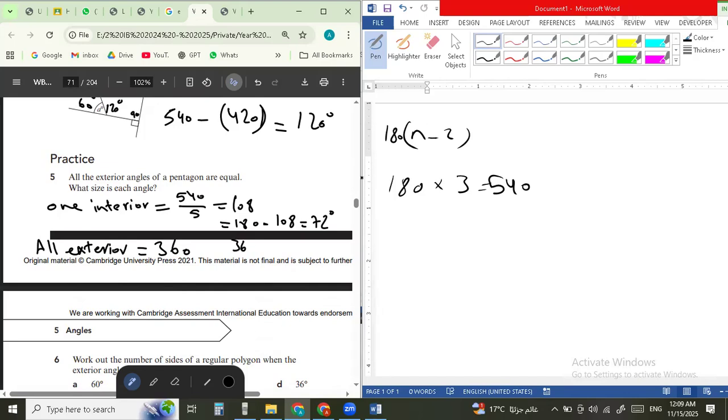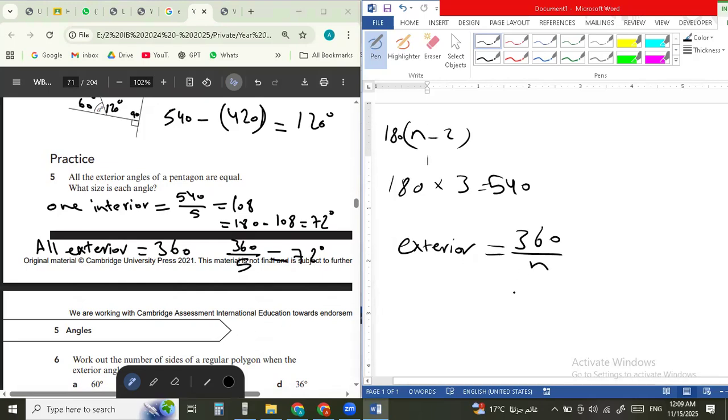So 360 over 5 will give me the exterior. 360 divided by n will give you the exterior. So 360 divided by 5 is going to give you 72 degrees as well. We learned this rule, knowing that the exterior of a regular polygon equals 360 over n. They told you it's a pentagon, so 360 over 5 equals 72 degrees.